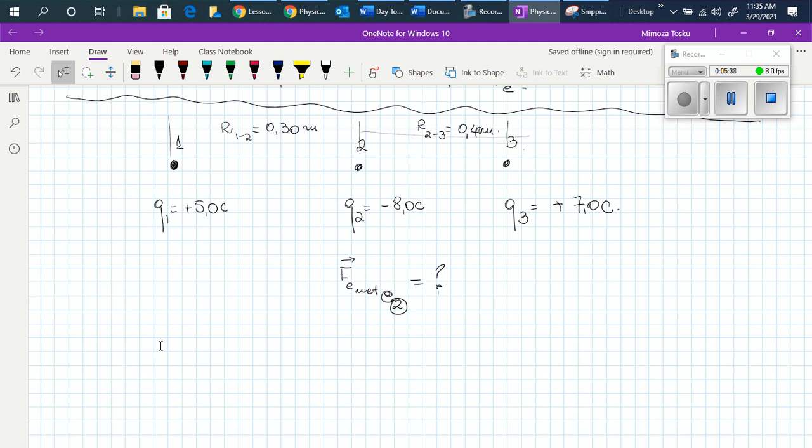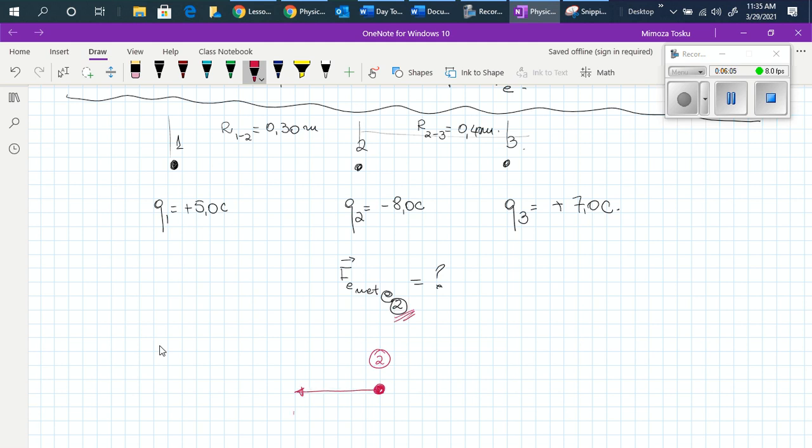So when we draw the free body diagram of object 2, why object 2? Because this is the object of our interest. We are asking what is the net electrostatic force at object 2. We see the electrostatic force that 2 is experiencing as a result of 1, since they are opposite charges, will be attraction.